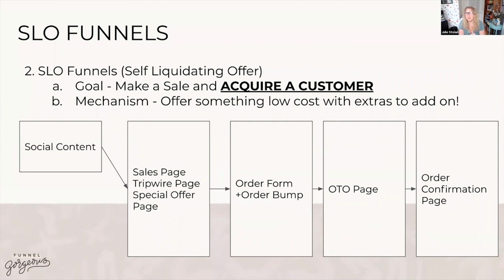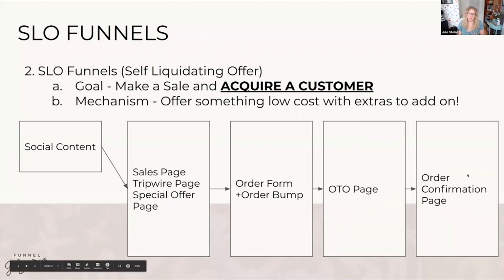By the way, before you go, I have a one-time offer. It's a special extra, the next thing that they can get. And they can say yes, add it to my order, and they don't have to fill in their credit card information again. They just have to say yes. Or they say, nah, I don't want it, no thanks. And then they go to the order confirmation page.